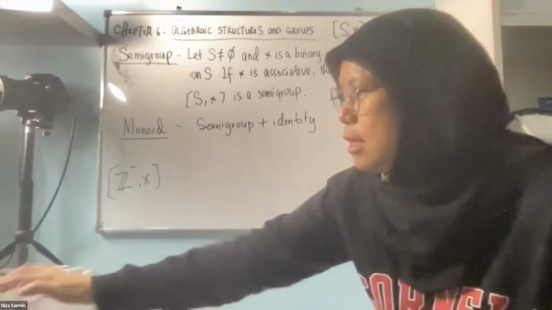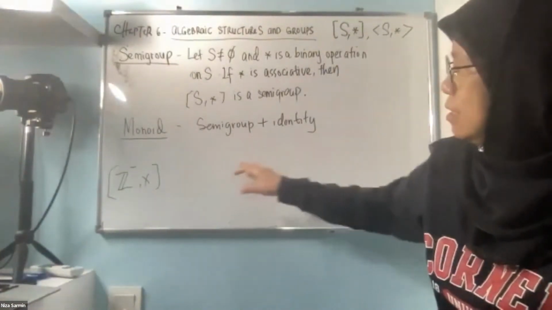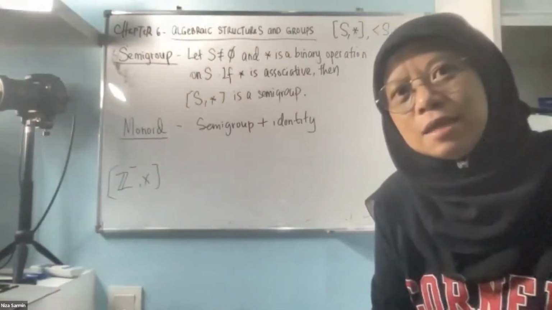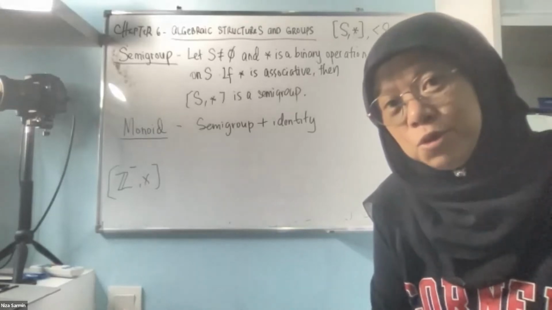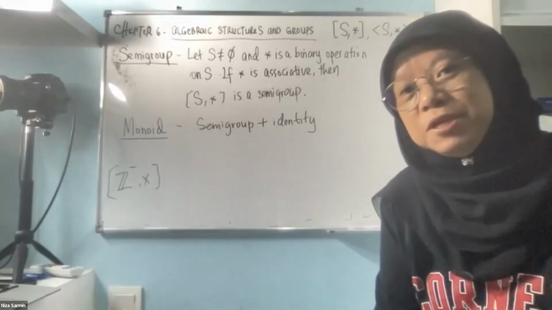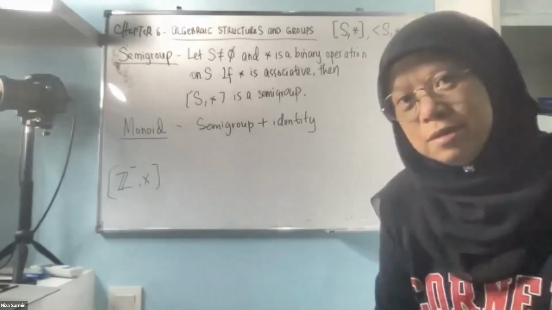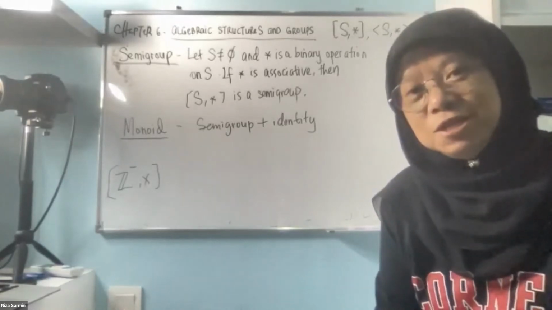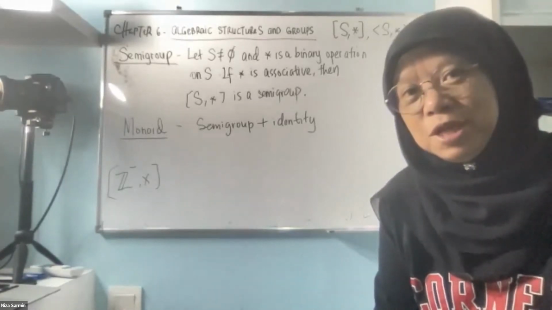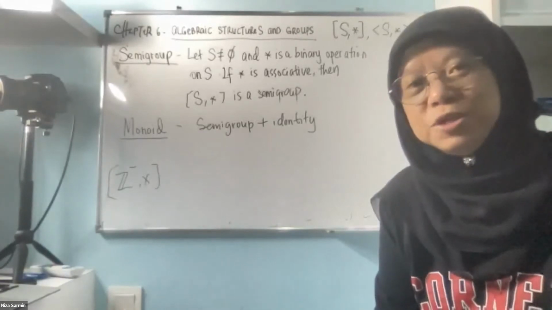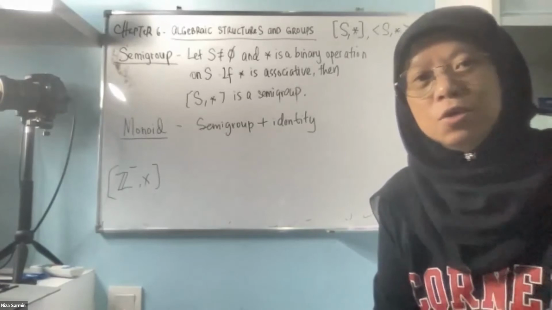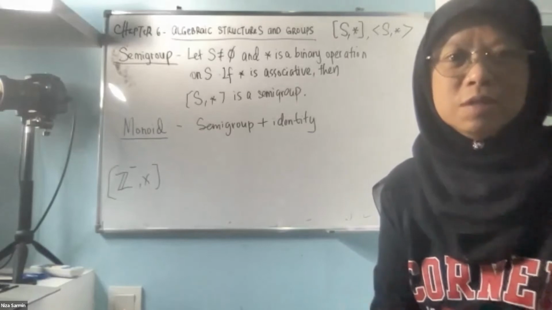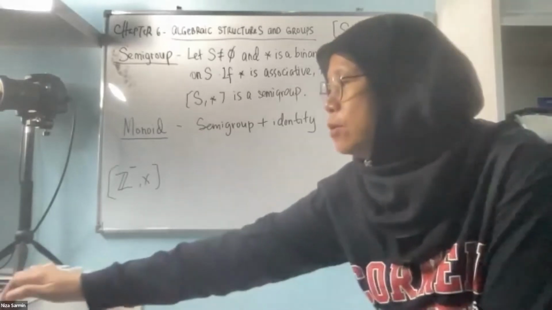And I have listed some monoids before here, right? In the example, like Z with plus is a monoid. Z with multiplication is a monoid because it has identity. And if I put Z plus with addition, it's not a monoid because the identity is not in. Okay, so the question might be just simple. You're given a set, you're given an operation, decide whether this is a monoid or not. Decide whether this is a semigroup or not. Okay.